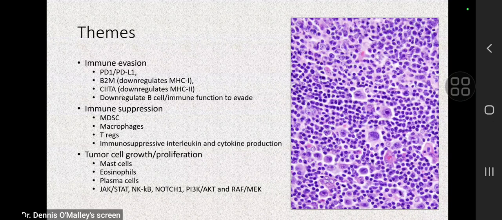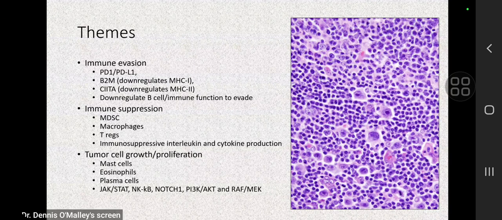This is just a sort of thematic overview. We're talking about immune evasion, lots of different processes, but basically the Hodgkin cell is hiding from the immune system. It is stripping its own fundamental nature as a B cell down to nothing so that it can hide from other immune responses.